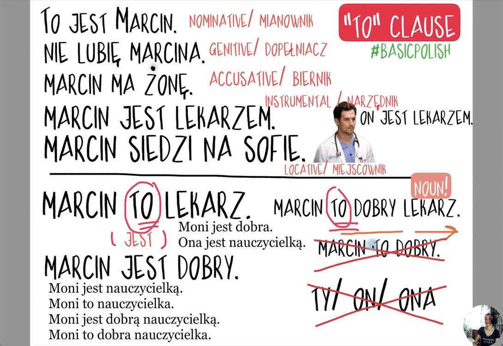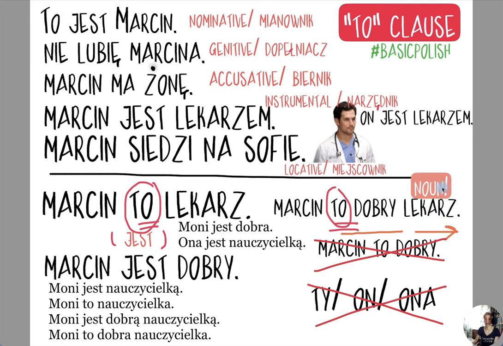So Marcin to dobry, no. With the adjectives only, we can just use jest, because in fact you are saying Marcin is, so this jest needs to be there, right? So Marcin jest dobry. Marcin is good, right? Hang on a second, but if you add a noun there, Marcin to dobry lekarz, you are fine. Okay, so bear with me.